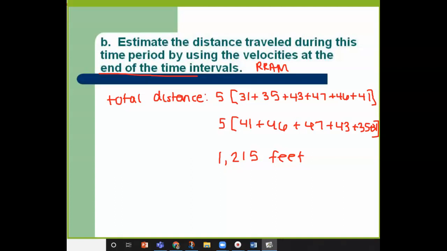It should make sense to me that the right sum is greater than the left sum, because when I looked at my values in the table, the initial velocity was less than the final velocity.